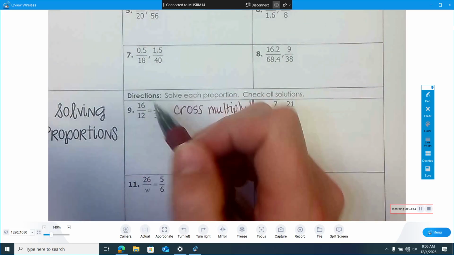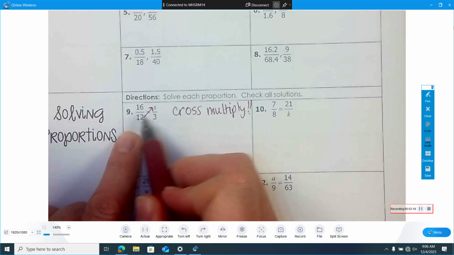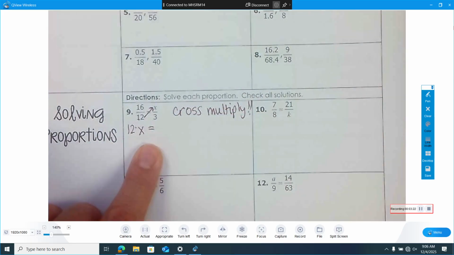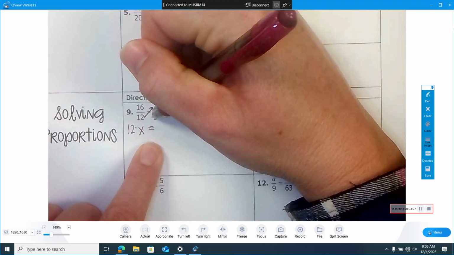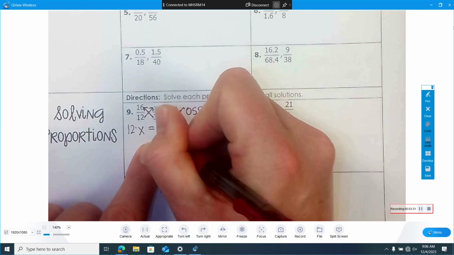Everything we're doing today is cross multiplying. So I am going to multiply 12 times x, and that's going to be equal to, what times what? Right here we're going to cross multiply 16 times 3.